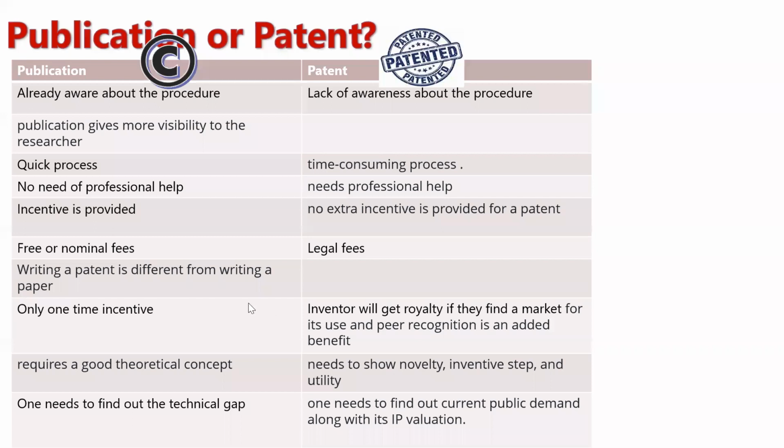If you are writing a book, then you will get royalty. And if you are doing a patent, you can also get royalty, but it depends upon the market. In the research, you have to show the theoretical concept, but in the patent, you have to show the novelty, inventive steps, and the utility.